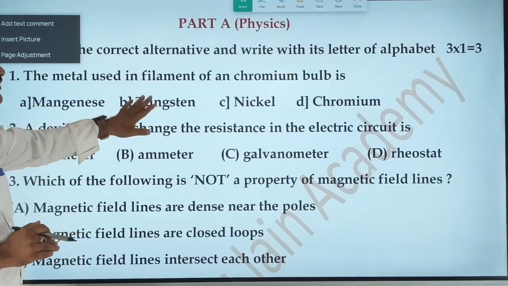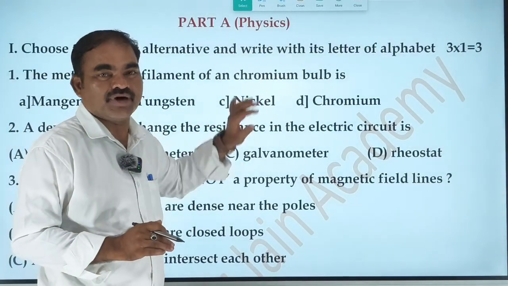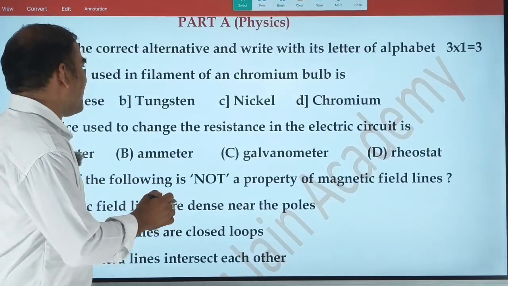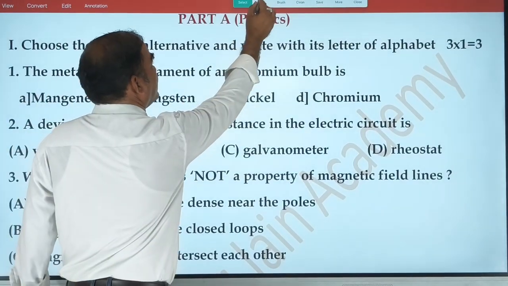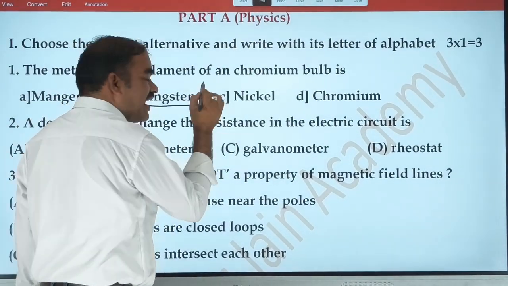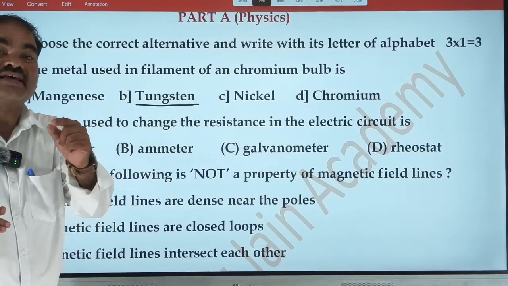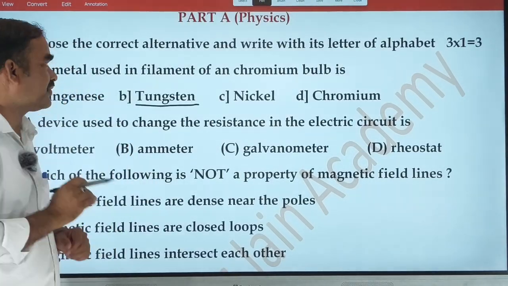The metal used in the filament of an electric bulb is? We know that in an electric bulb we mostly use tungsten. They may ask you why tungsten only is used? Because of its high melting point. This you have to remember.